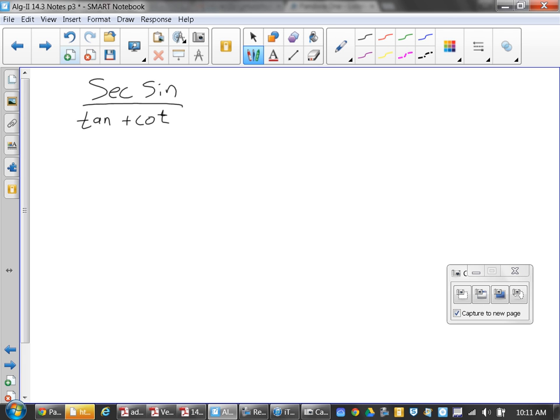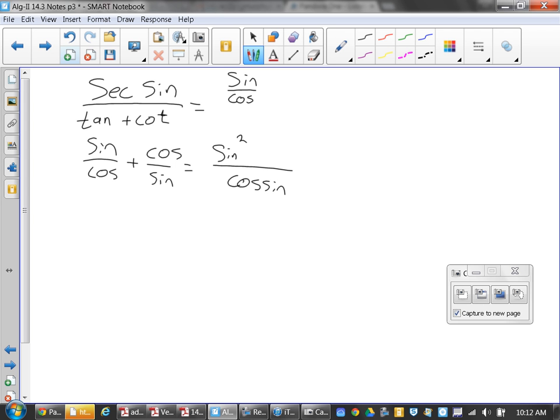In this case, there's no conjugate that really gets you tangent squared and cotangent squared, because they don't have anything with a Pythagorean identity. So go right for common denominators. Your numerator becomes sine over cosine. The denominator is sine over cosine plus cosine over sine, so your common denominator would be cosine sine, and the numerator would be sine squared plus cosine squared.